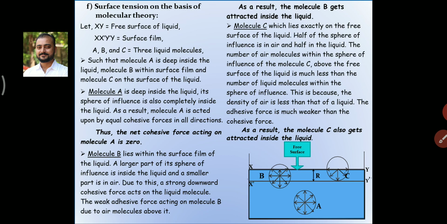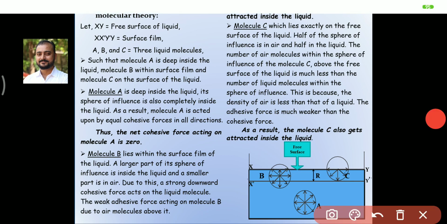In case of molecule C, which is present on the surface of the liquid, this molecule also experiences the downward pull. See here, this is your x dash, this is your y dash. Above this is the surface film, meaning the molecules which lie in the surface film or on the surface of the liquid have a downward pull.